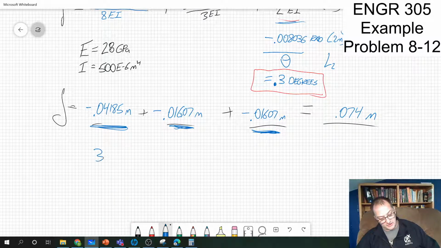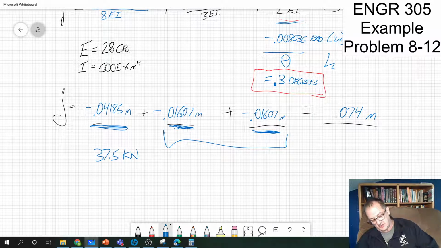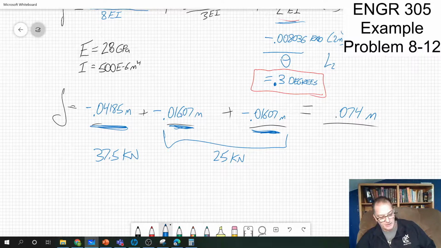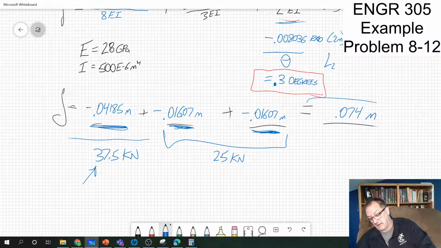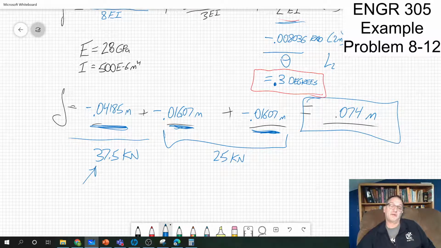This load was 37.5 kilonewtons, where this deflection was caused by 25 kilonewtons. So some of this load distributed out at the end has a ton of effect, but the stuff distributed at the beginning doesn't have nearly as much. So there's a balancing act there. But we wind up, in a fairly straightforward way, with a deflection of 0.074 meters.